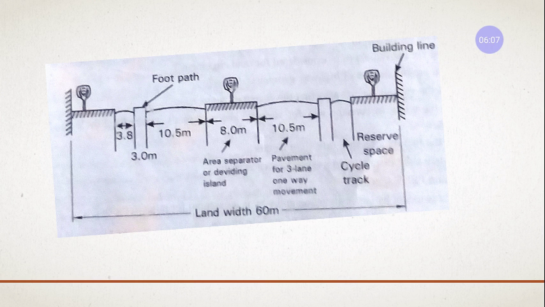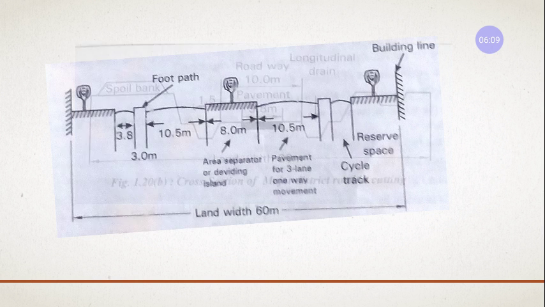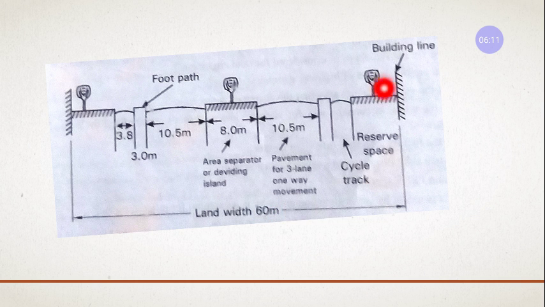Right. Next is this cross section. This is a cross section of the divided highway. It is a divided highway because there is a median or a divider here which separates the two lanes of opposite coming directions, right?